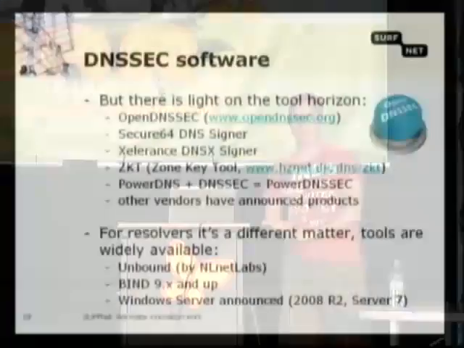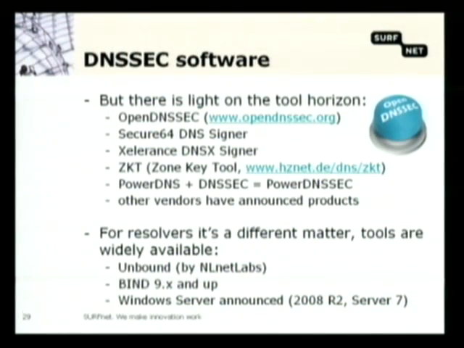So are there tools available? Well, at the moment, tools are in the making, some tools are available, but you need to really know what you're doing if you're going to deploy DNSSEC at this point in time. The good news is that many people are working on good tooling. We as SurfNet support a project called OpenDNSSEC. Please have a look at it later. I'm plugging it here.